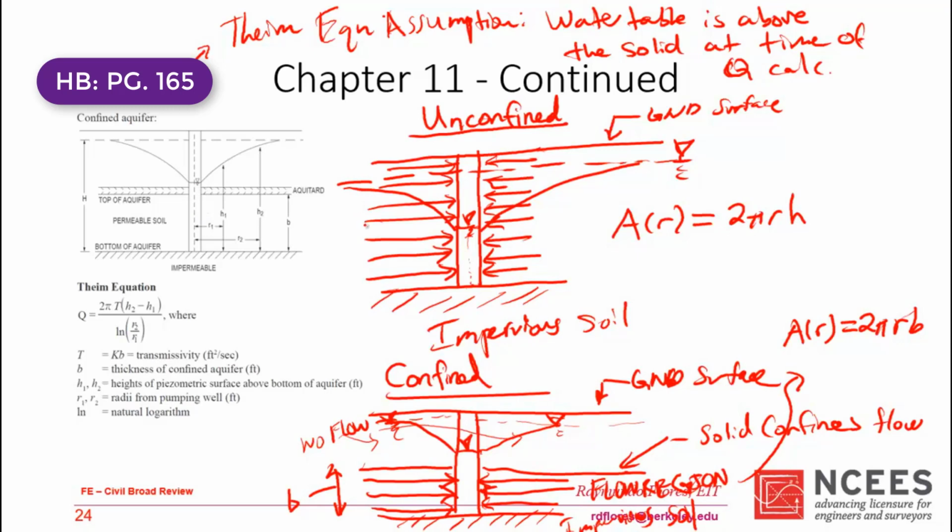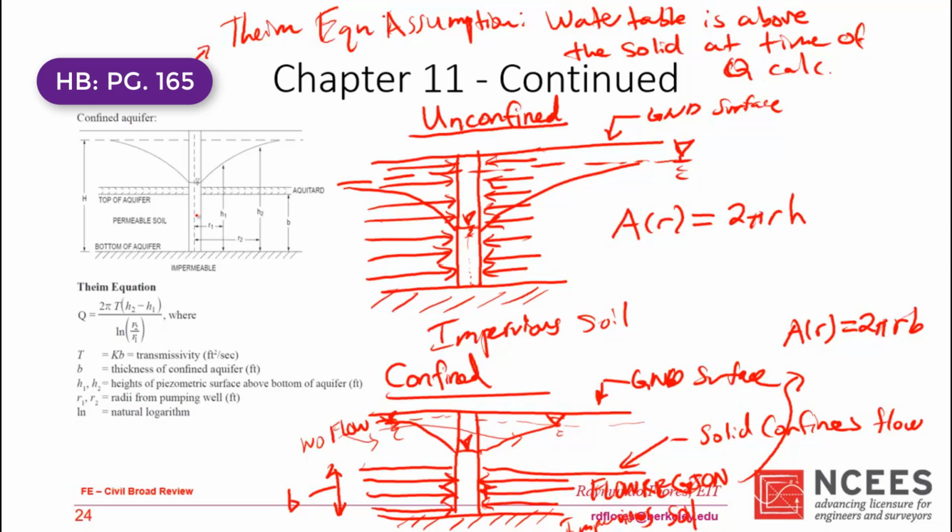I want to say Q calc as in if this water table were below, then we would apply the unconfined condition, because obviously, well, I want to say that maybe you do and you don't, but just know that this is the assumption, because if the water table were below, you might get a strange situation like, I don't know how that would work.